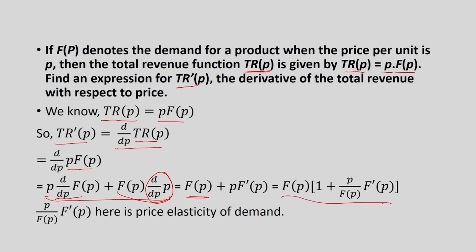And in the next step, I take f(p) common. If I do so, then I am going to get f(p) multiplied by 1 plus p divided by f(p) multiplied by f prime p. So, this is the expression, therefore, this is the end result, that the derivative of the total revenue with respect to price is f(p) multiplied by 1 plus p f prime p divided by f(p).